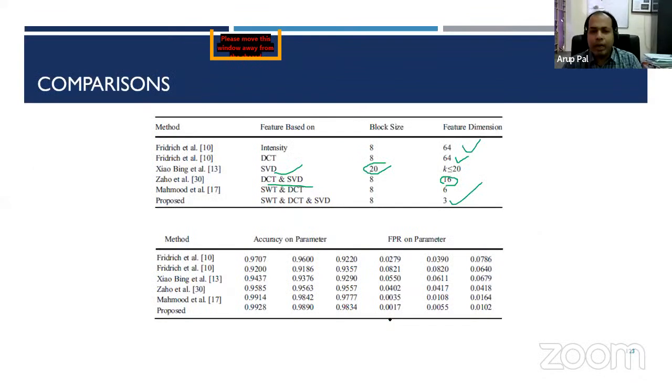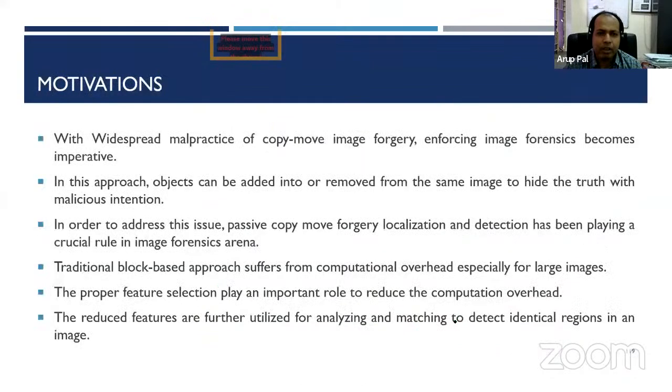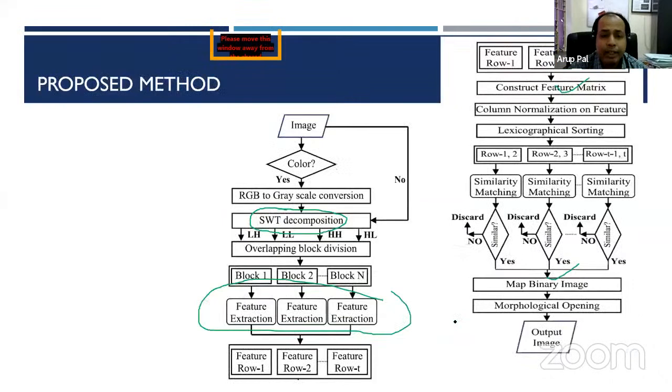Overall, we can see that our algorithm works effectively with a small feature vector, finds accurate results, and has lower false positive rates. So what will be the contribution in this design? Proper feature selection is one area where people can focus.